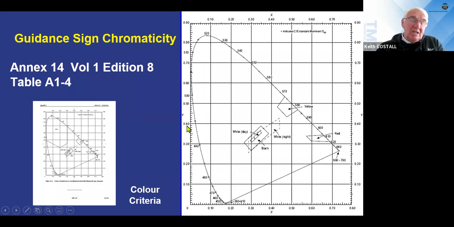The chromaticity, I think all of us will be familiar with chromaticity, the color criteria as defined, and there are clearly defined areas associated with reds and yellows and whites. We need to make sure that our color ratios are within these sectors, and that's what we can test in today's day and age. If we do not clean the fascia, for example, then it looks dirty, and we're going to deteriorate both light output and the color perception.